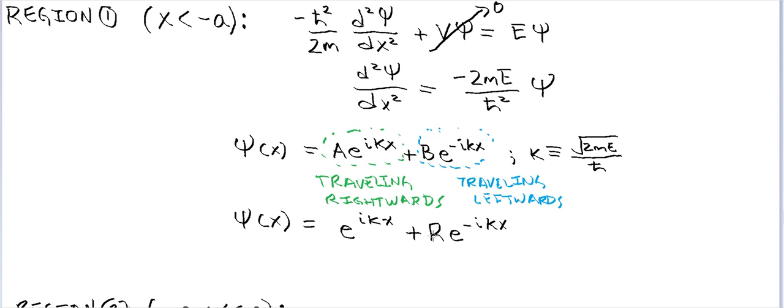And then the reflected piece, I'm even going to name that coefficient R just so that we can see something a little more natural as far as mnemonic devices. And so this you can think of as representing the wave traveling from minus infinity towards this finite step. And this you can think of as the portion of the wave that gets reflected back towards minus infinity.